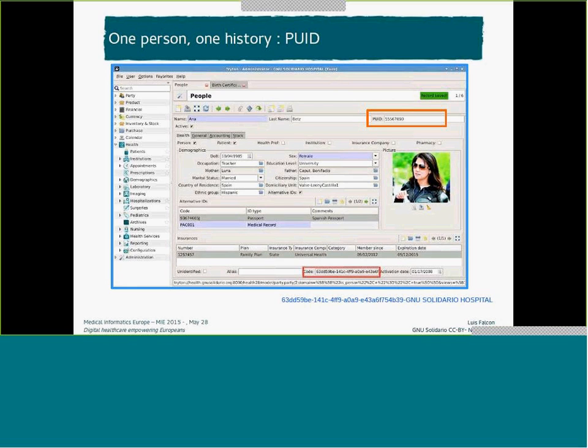That unique person code allows us, no matter where that individual is, to retrieve that information, and that information should be updated in real time.